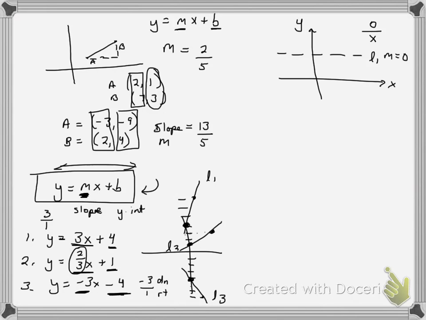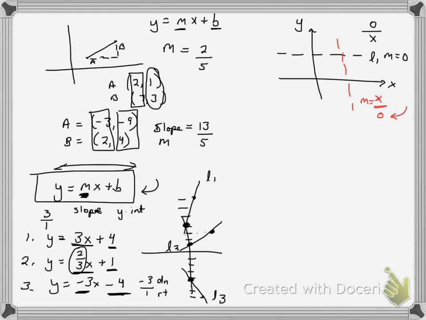Now, what if you were looking at a vertical line? A vertical line like this, my y value is changing. It could be different values, but my x value never changes. Well, this is a problem for us. We can have vertical lines, don't misunderstand me, but what is the slope?